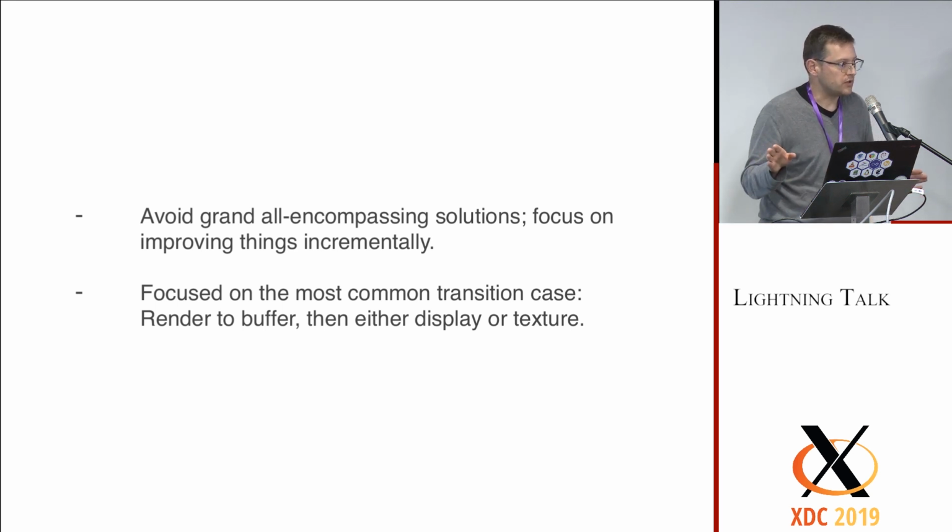So in the workshop, I think we all agreed that we should not strive for any sort of all-encompassing solution. This has dragged on a long time, partly because we're trying to solve too much. So we're focusing on doing things incrementally where we can.